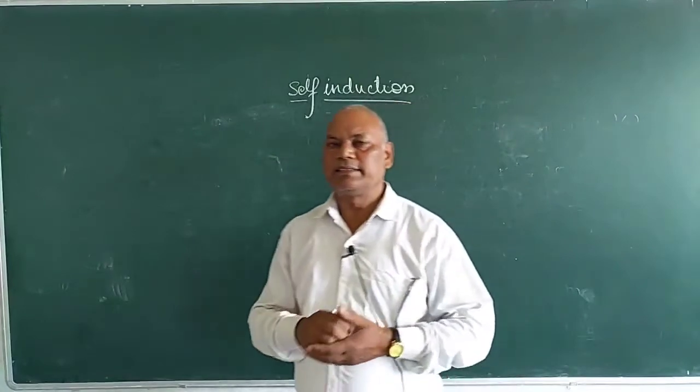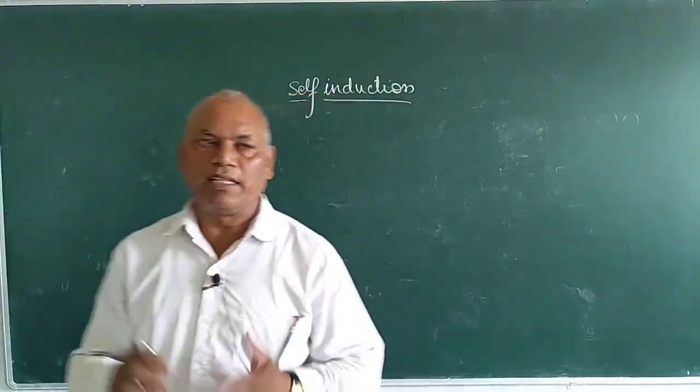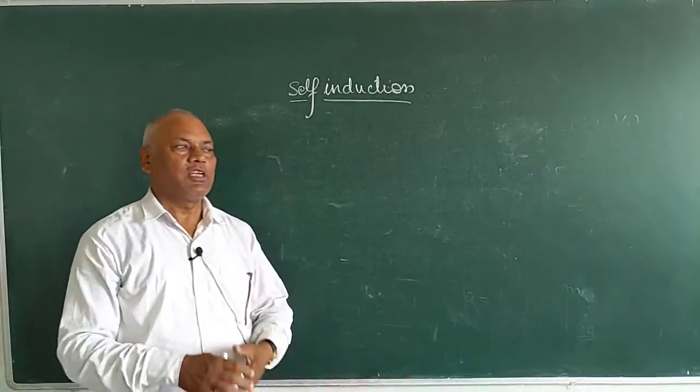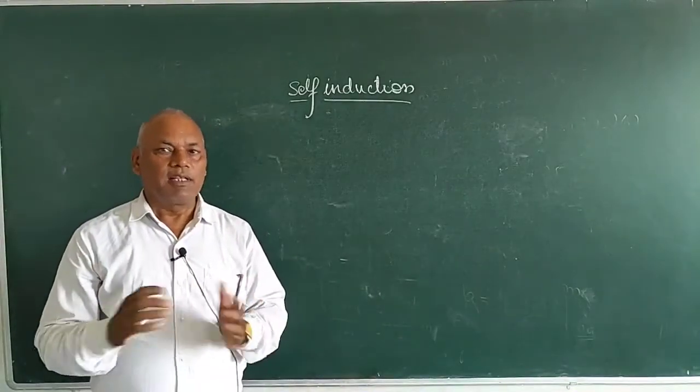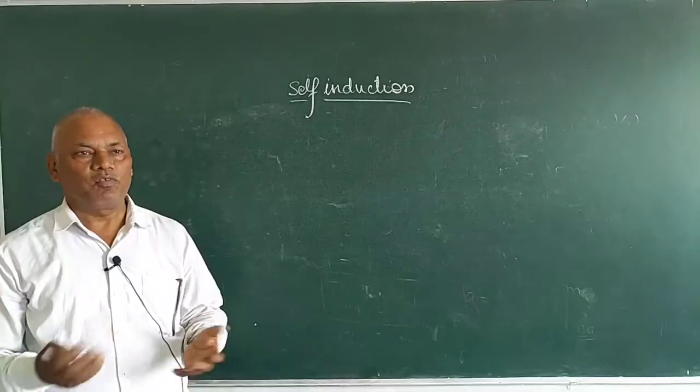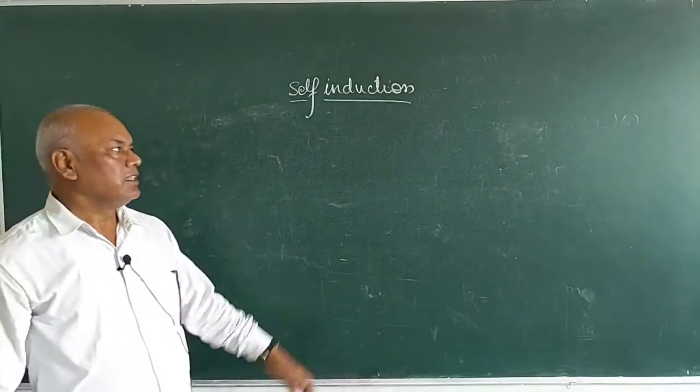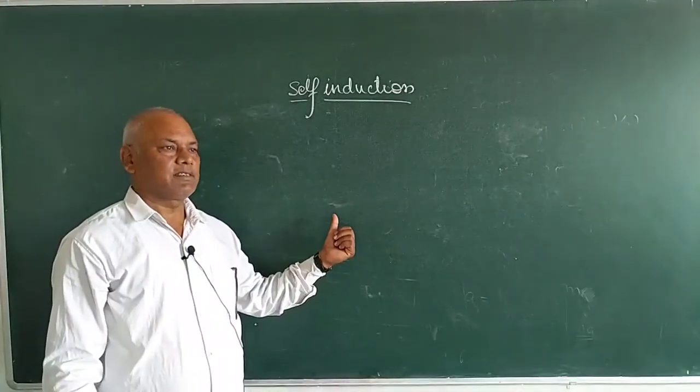And when there is a sudden change in magnetic flux in the coil, an induced EMF is produced. When the circuit of the coil is closed, induced current also flows in the coil. This we have already discussed.